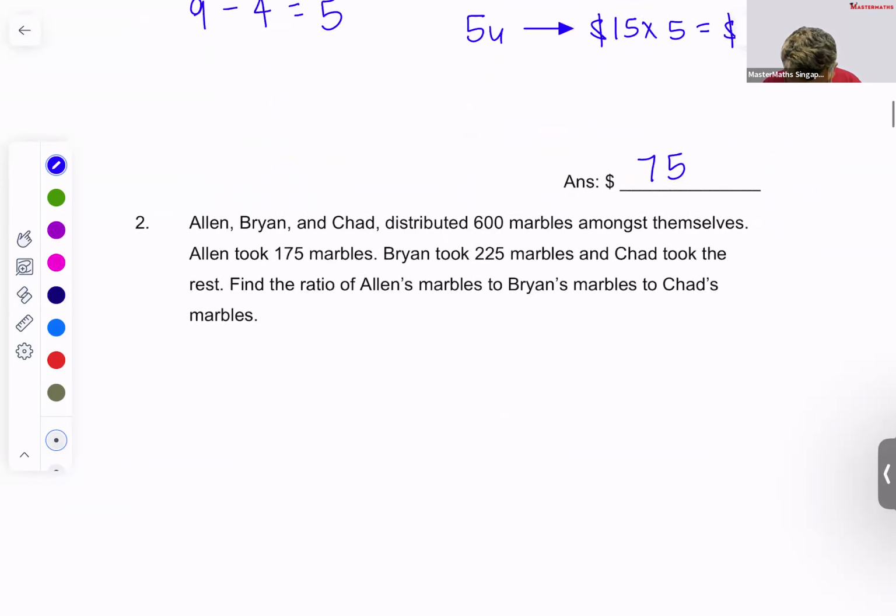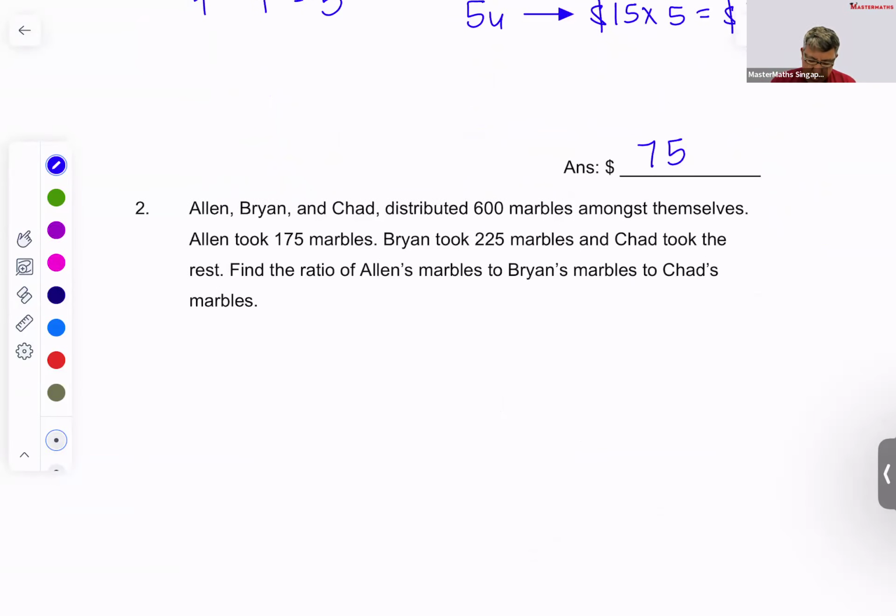Can you do question 2 for me? Question 2 is so simple. Can you use calculator some more? So A is to B is to C. A took how many marbles? 175. B took how many marbles? 225. C how many? 225, 1, 2, 3.